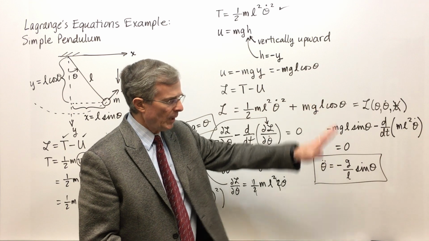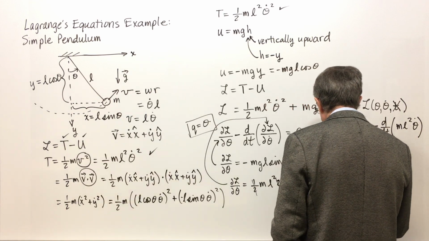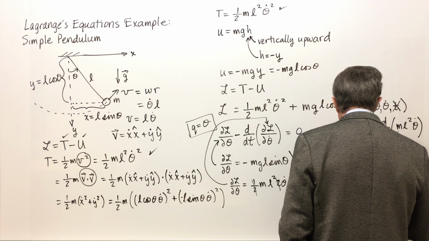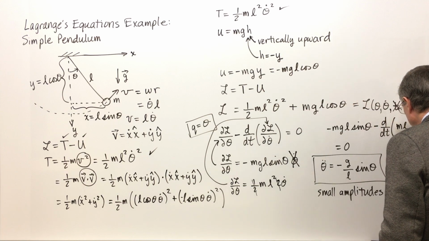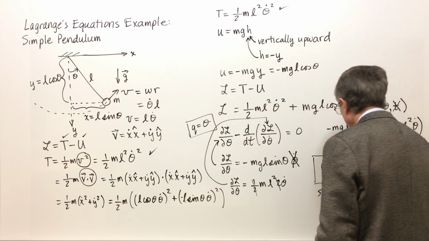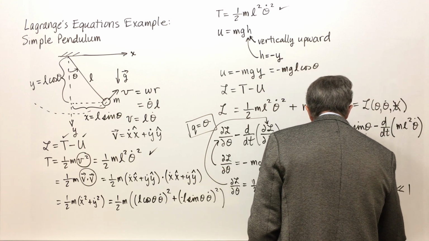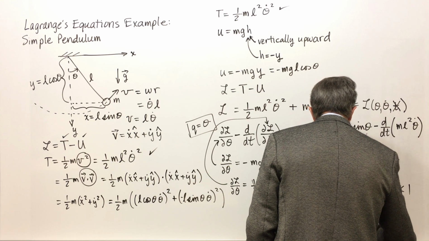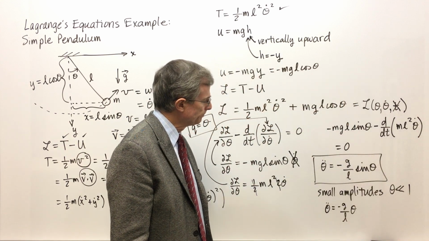It can go out as far as you want it to go. If you want, for small amplitudes, theta much less than 1, then the sine theta can be approximated by theta, and theta double dot is minus g over L theta.